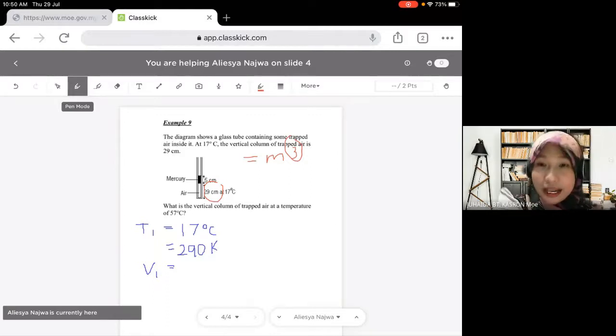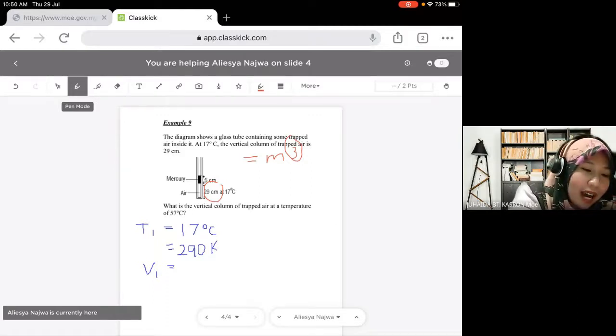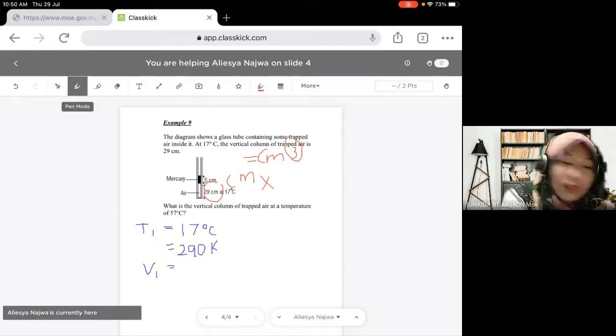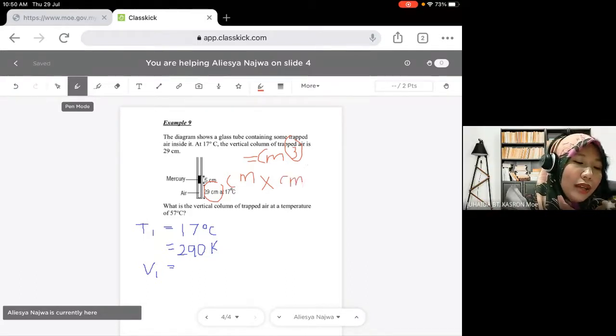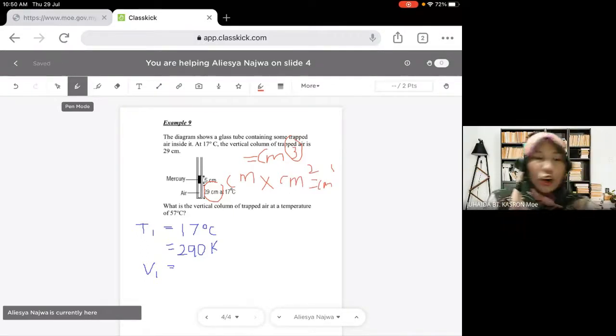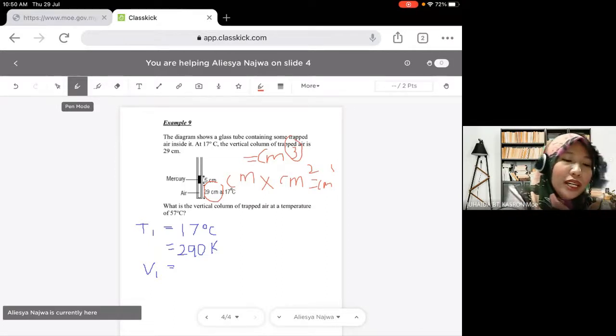So how do we make it into volume? You have to multiply with the area, the square here. Then you get centimeter cube. So the problem here, we do not know the area.